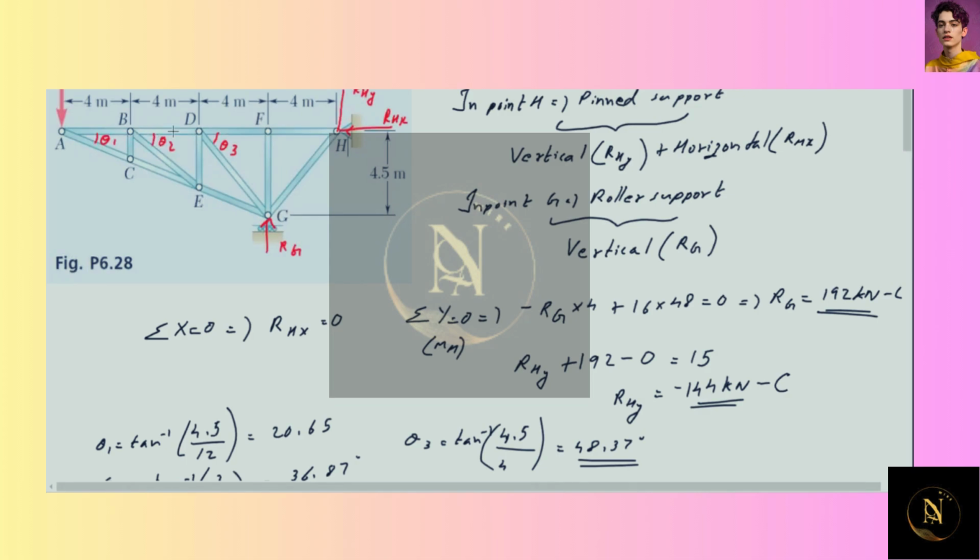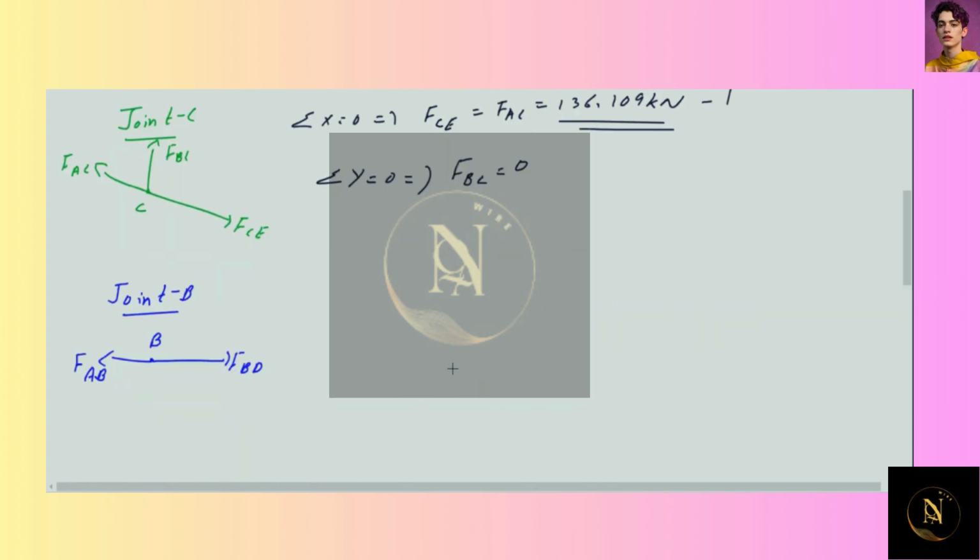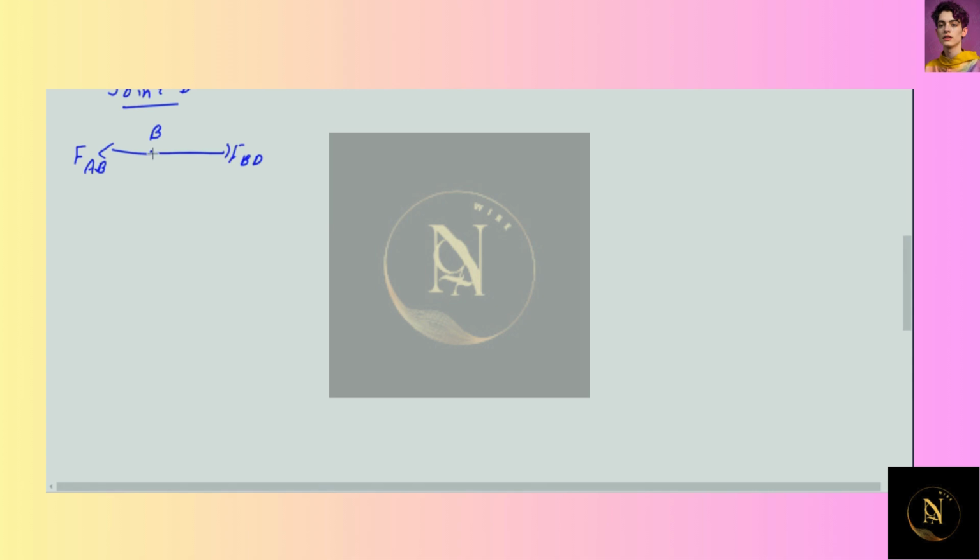FBE, FBD, and FAB. The FBC is C, so you don't have to note that. FBC will be here, so FBC is 0, so we don't have to consider that.